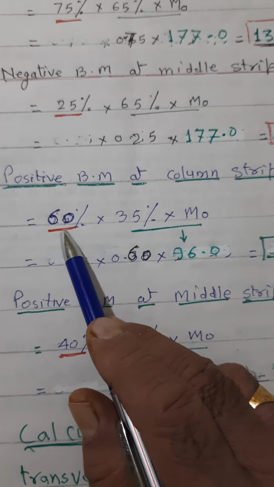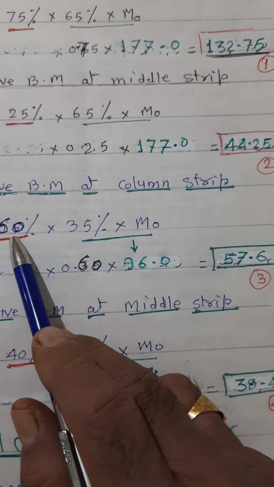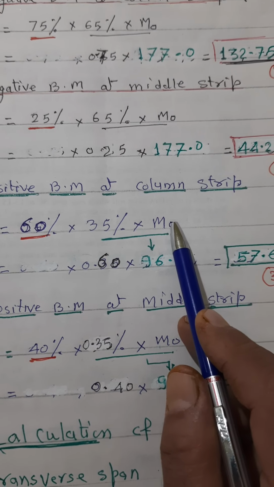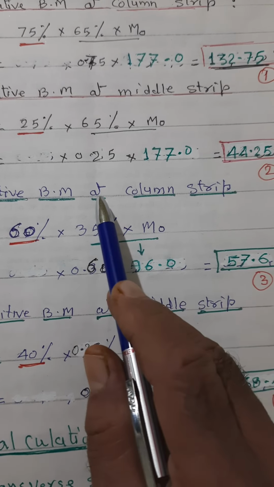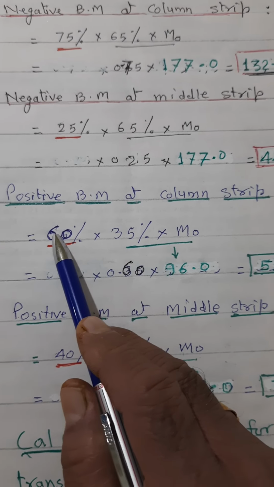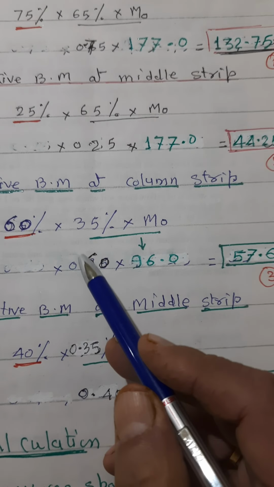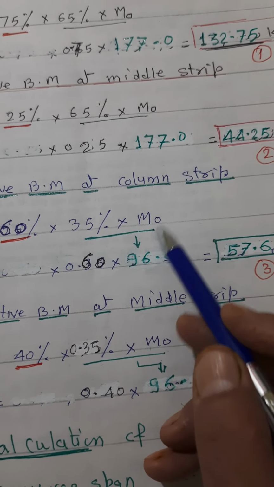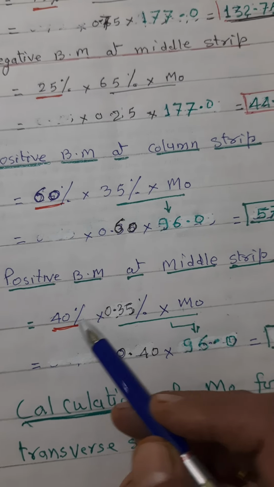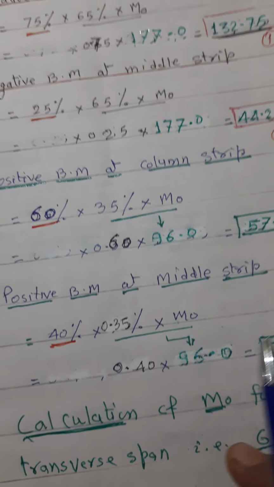For the column strip, 60% of 35% of M0 will be taken by the column strip. When 60% of 35% is taken by the column strip, definitely the middle strip will take only 40%. So 60% of 35% of M0 will be this moment, and 40% of the 35% of M0 will be taken by the middle strip.